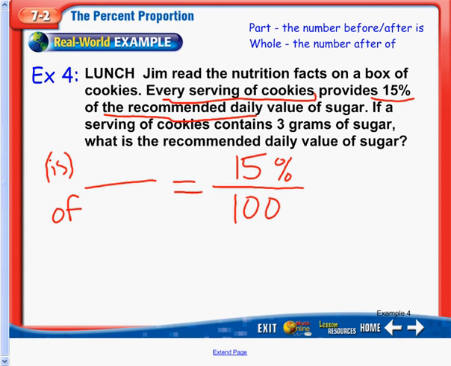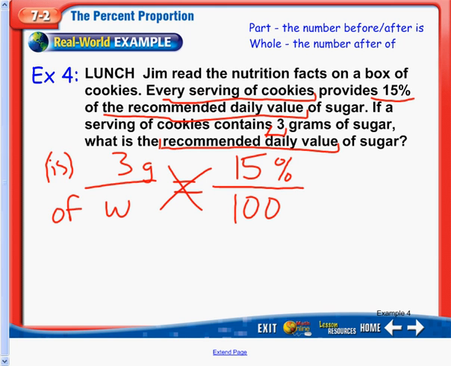Our whole is the recommended daily value, so we are looking for our recommended daily value. So we're going to put our W underneath for our whole. That leaves us with 3 grams being our part. Another way we could have told this is seeing that a serving is just part of our recommended daily value. So 3 grams is also part of our recommended daily value of sugar.